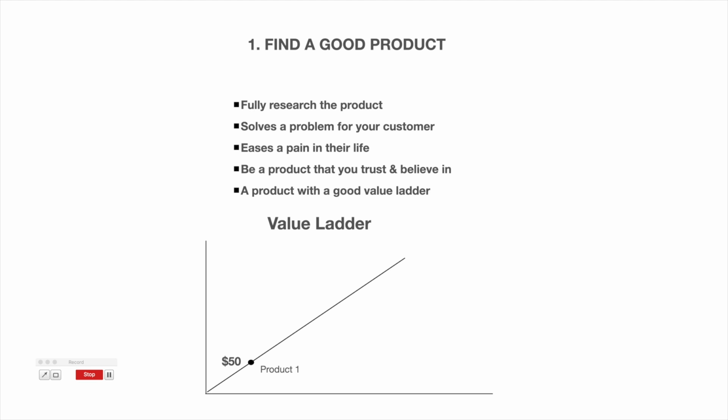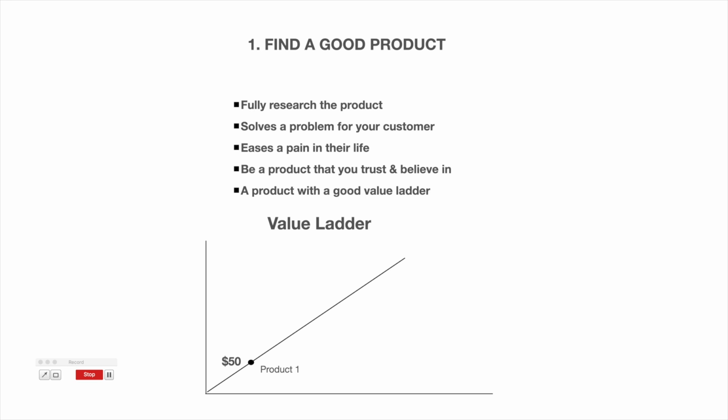If you have an income goal of, say, $10,000 a month, that means you need to sell 200 units, 200 products every single month, and that is going to be difficult, to say the least.